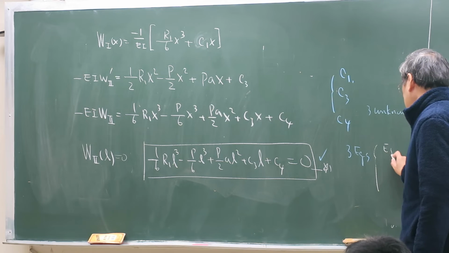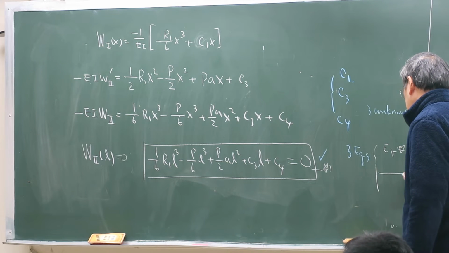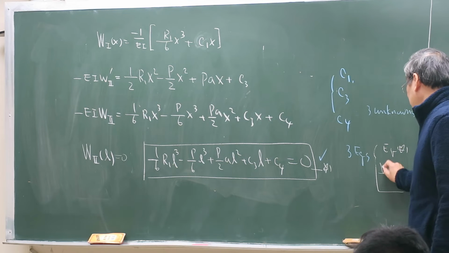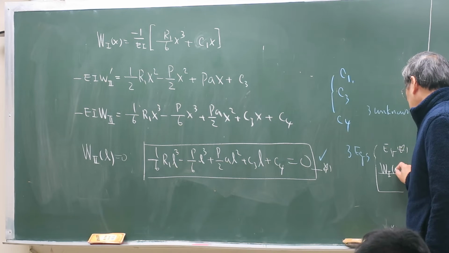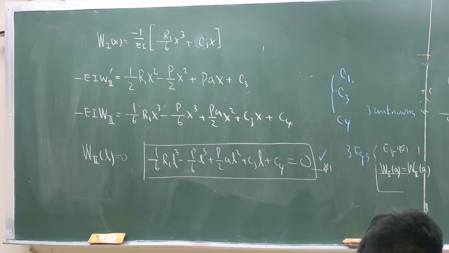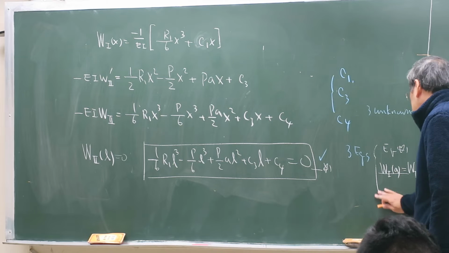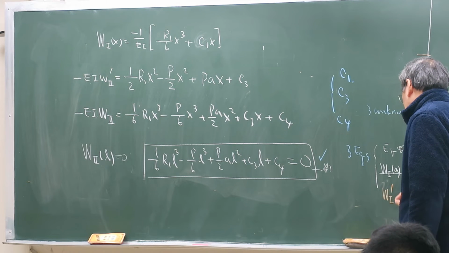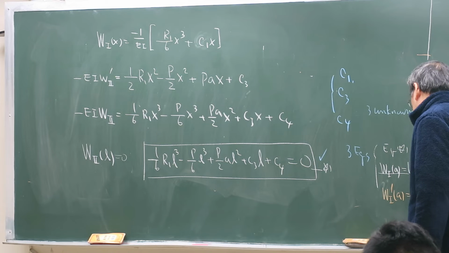We have an equation star as my boundary condition, and another is W1 at a equal to W2 at a. They are using the same x, but different functions. This is continuity: the deflection is continuous at x for these two curves. And the third equation is W1 slope at a equal to W2 slope at a.